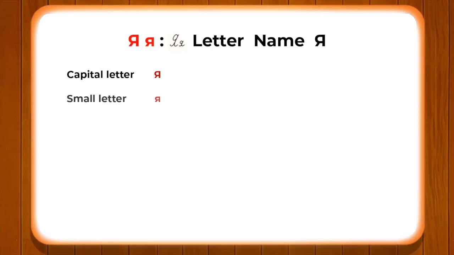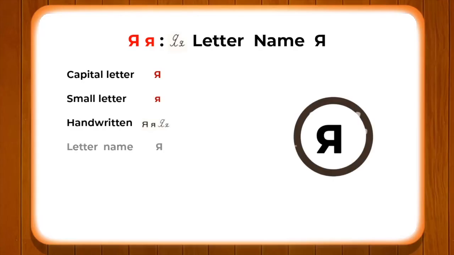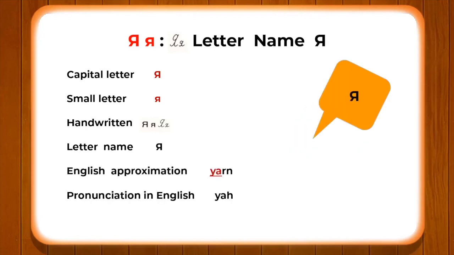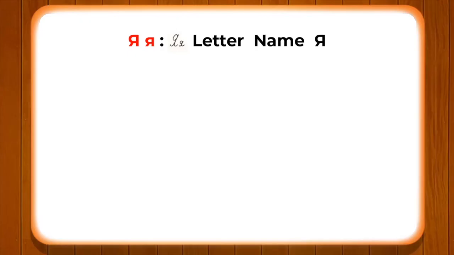Alright, so now this letter which is known as Ya is also very peculiar, and with the help of an English approximation word, Ya as in the word yarn. This sound of Ya comes very close to the exact sound of the letter. However, this sound you will find exactly in the word yablaka, which means apple.